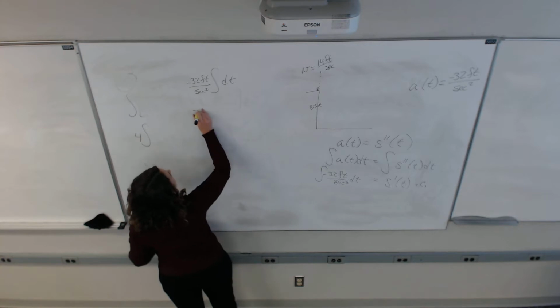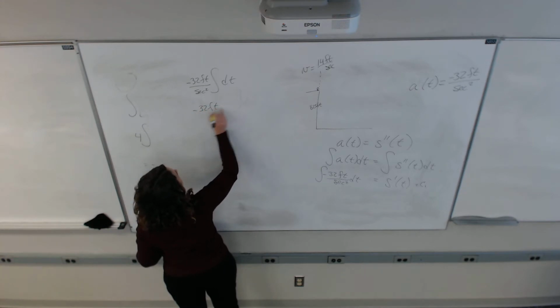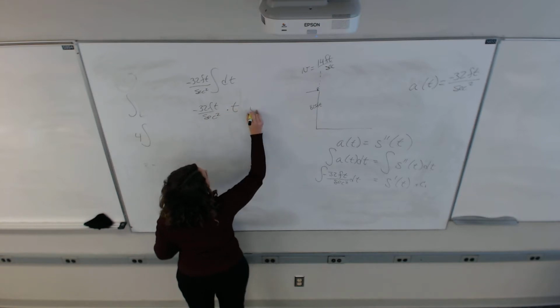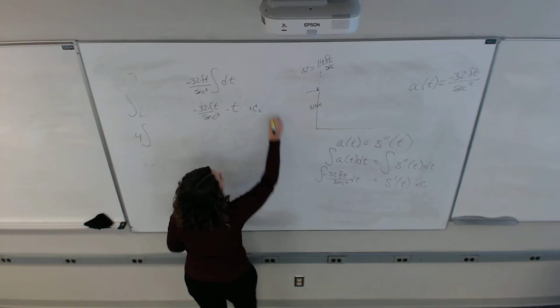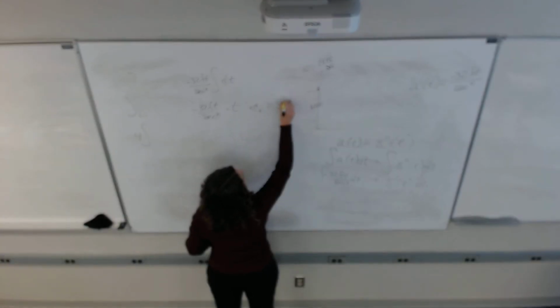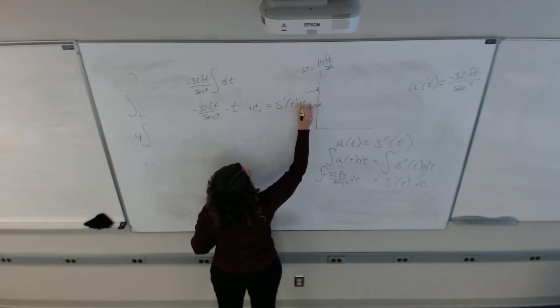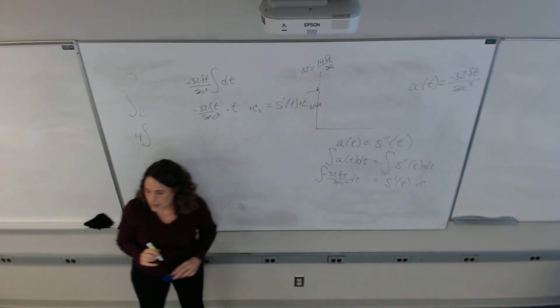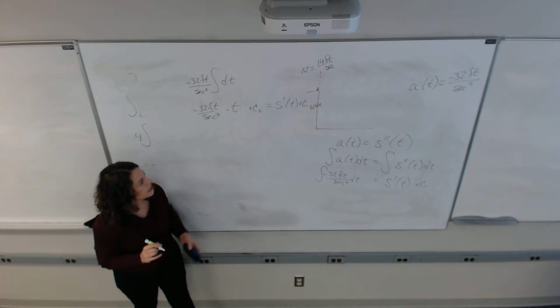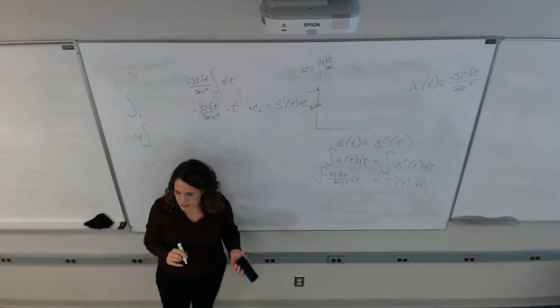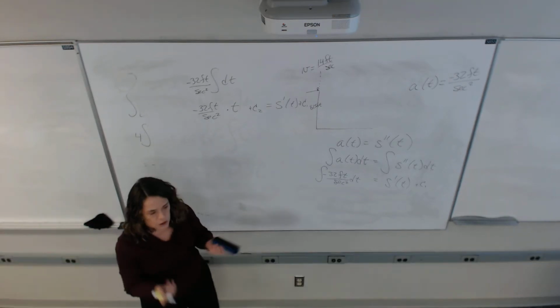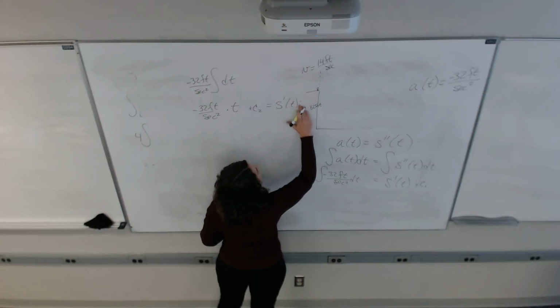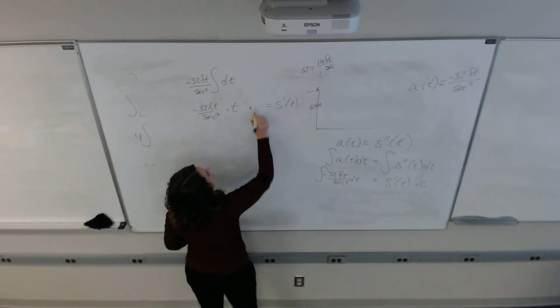So this would give me negative 32 feet per second squared times t plus some c2 equal to s prime of t plus c1. In differential equations and calculus, when we have two constants like this running around, we just roll them all together into one. So we just say c.